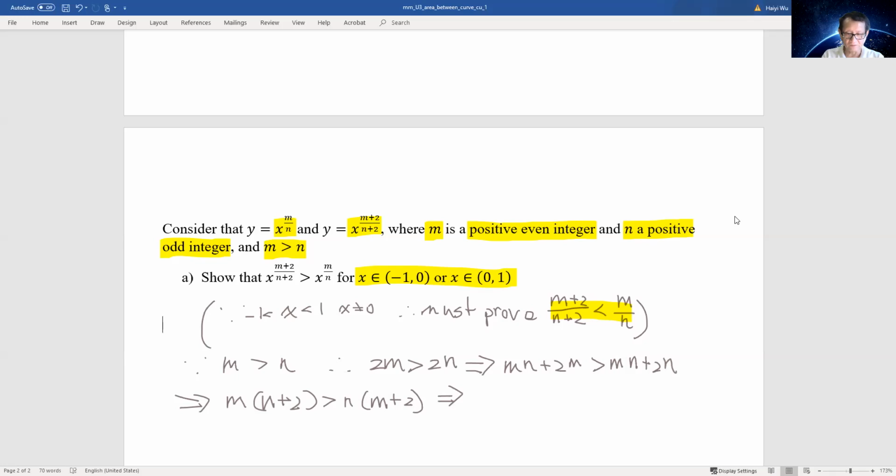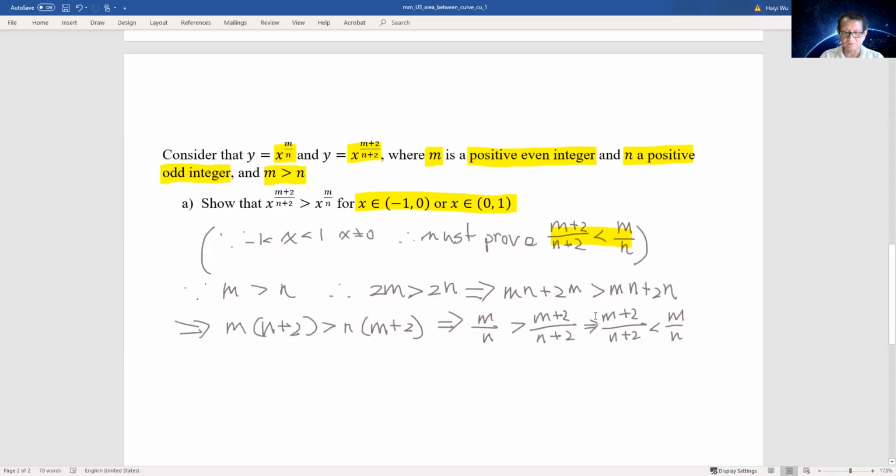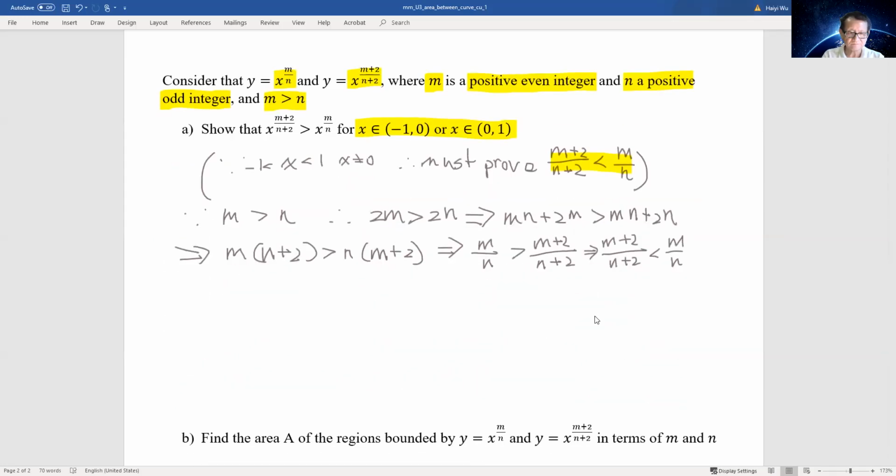Therefore, m divided by n must be more than m plus 2 divided by n plus 2. That's the same thing as m plus 2 divided by n plus 2 being less than m divided by n. So that's it, we proved this inequality.